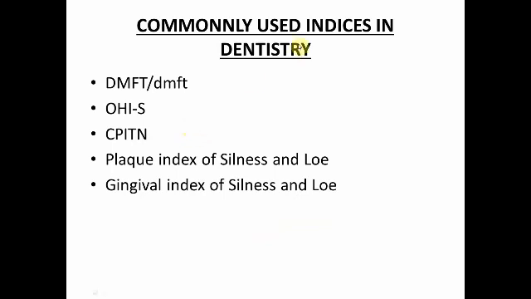Now we come to the indices used to measure the prevalence of dental caries. Commonly used indices include DMFT, which is decayed, missing and filled teeth, total, and when we put it in capital, this is for permanent teeth, and this is for primary teeth for children.